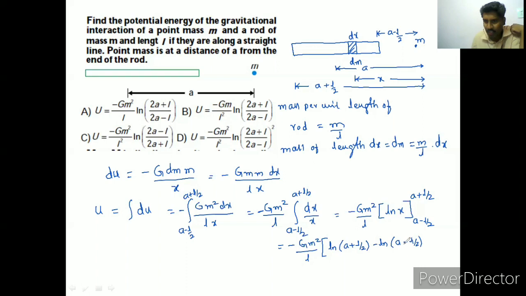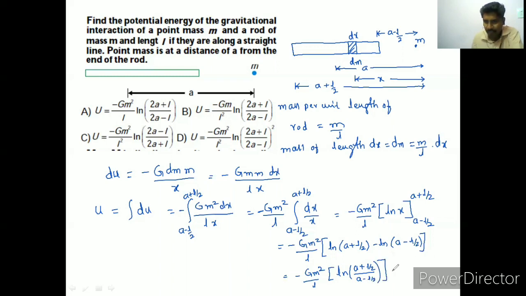It is of the form ln u minus ln v, so we can write it as ln u by v. So minus G m square by L times ln of a plus L by 2 by a minus L by 2.